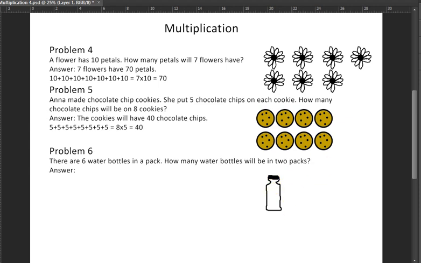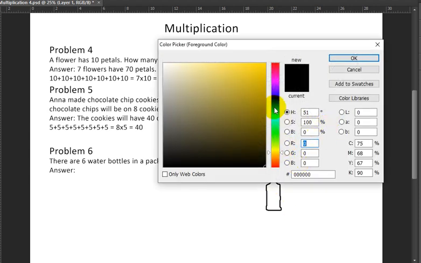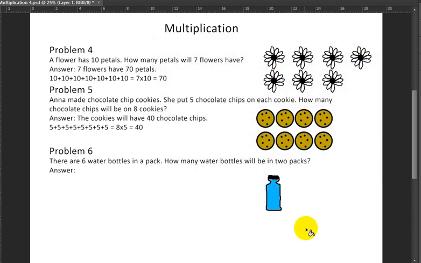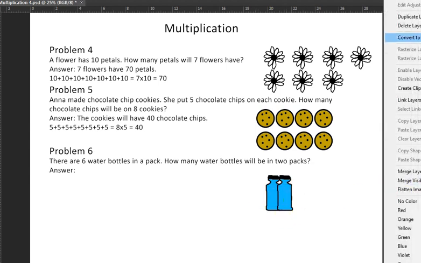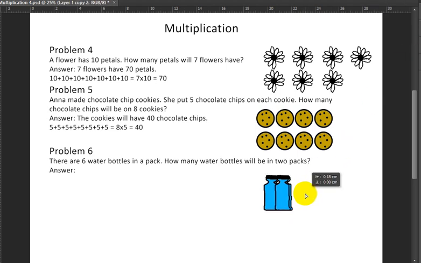Okay, so here we have our water bottle, right? And the water inside it, right? Yeah. And we're being told that a pack of them has 6 water bottles. You've seen packs of water bottles before, right? At the supermarket. Well, a pack of them has 6.